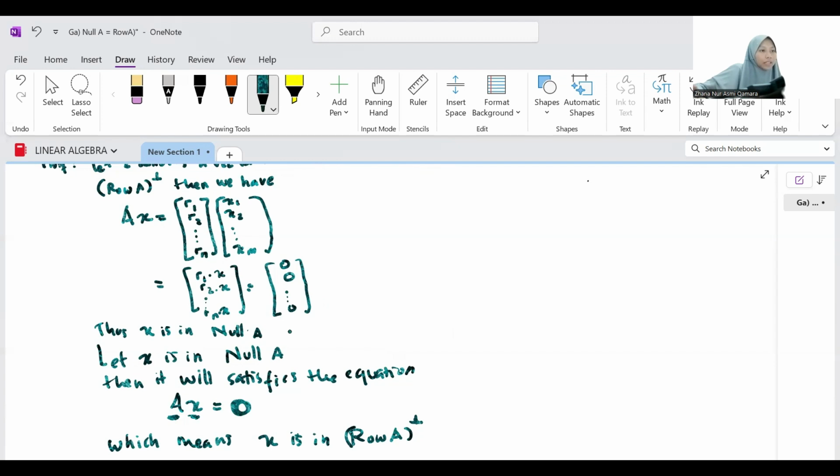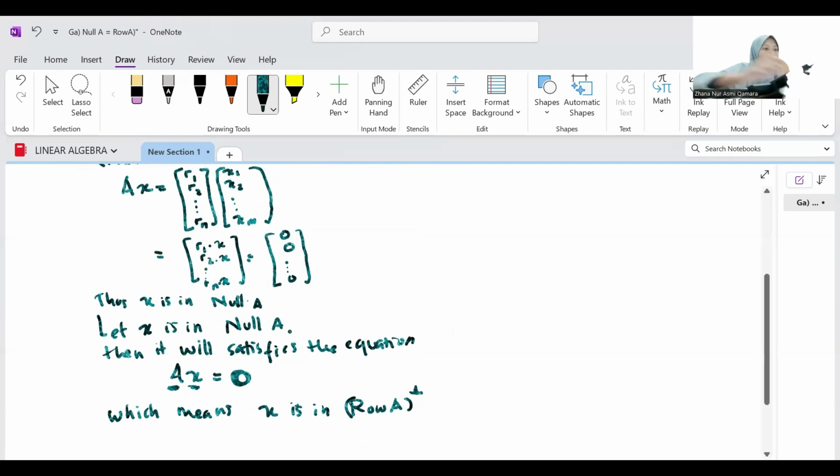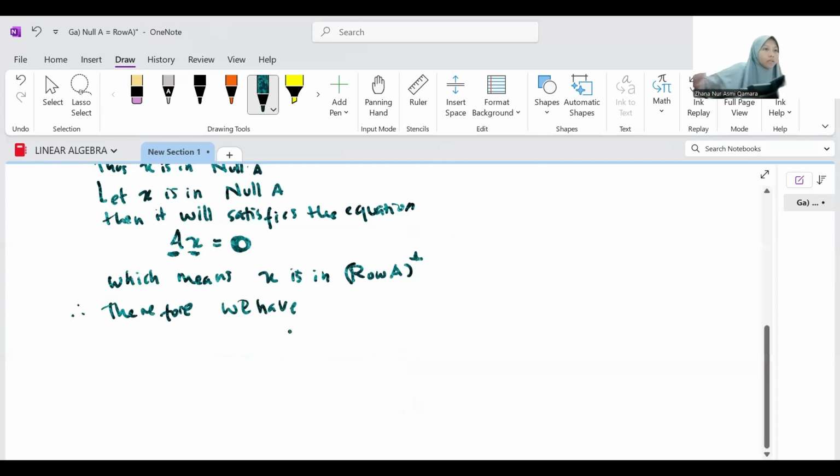That means each row of matrix A is orthogonal to vector x, and because all of these rows in matrix A are orthogonal with vector x, then x will be in the orthogonal complement of the row space of matrix A. And therefore, we have the orthogonal complement to the row space of A equals the null space of A.